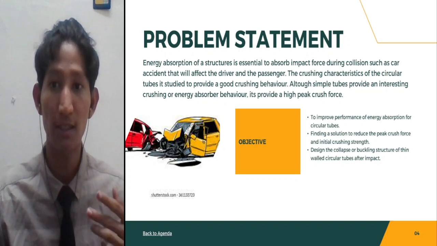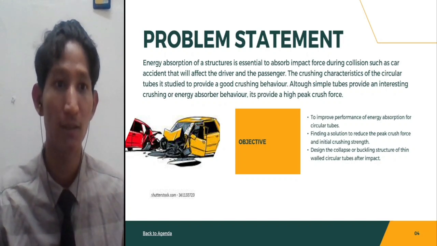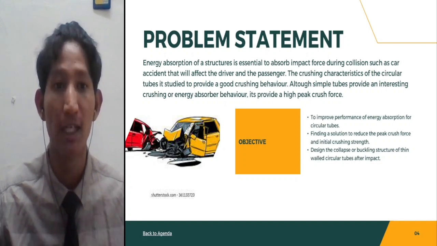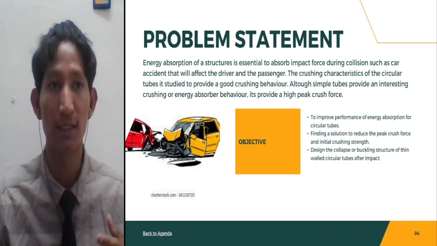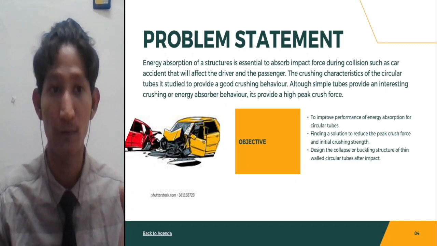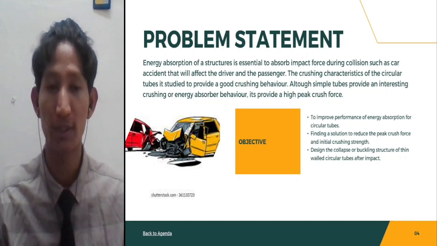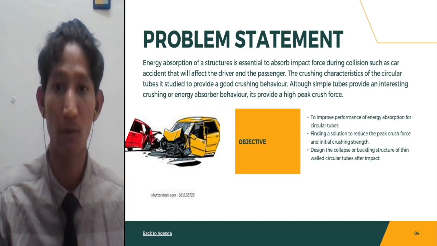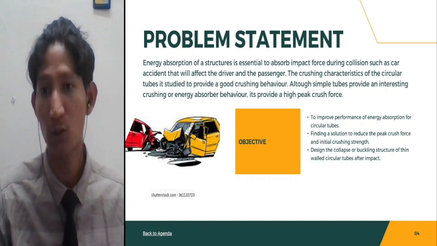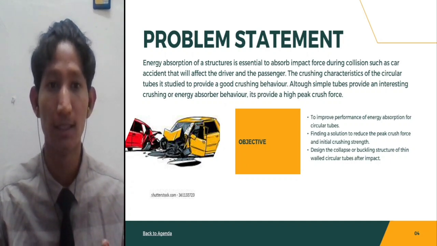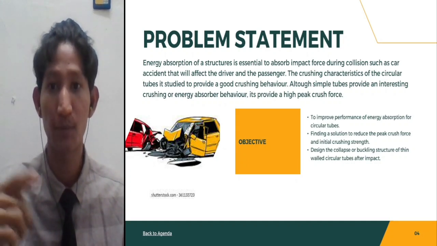So the crushing characteristic of the circular tube is studied to provide a good crushing behavior and to study the crushing characteristic of the tubes when they are crushed. As we know from our literature review, simple tubes will provide an interesting crushing or energy absorber behavior, and also provide a high peak crush force.